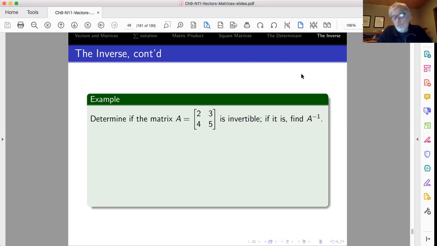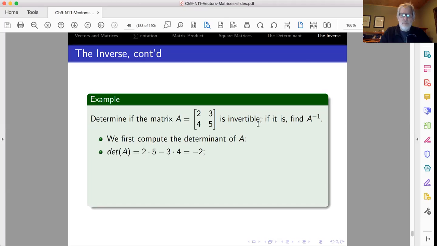You look at the determinant, is it 0 or not? Okay, so I'm going to compute the determinant of this matrix. How do I do that? You multiply the two entries in the main diagonal and you subtract the product of the anti-diagonal. So that's 2 times 5 minus 4 times 3.